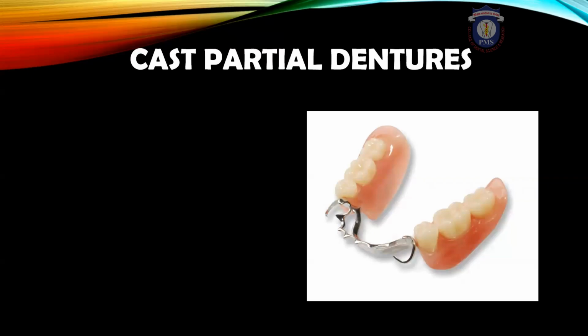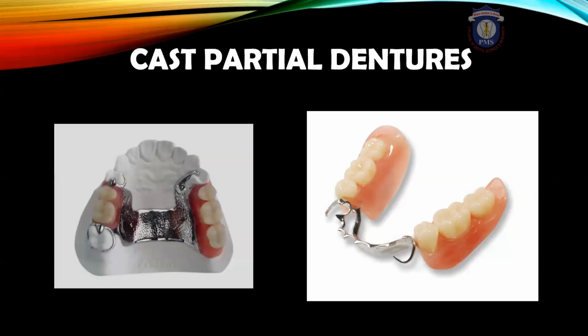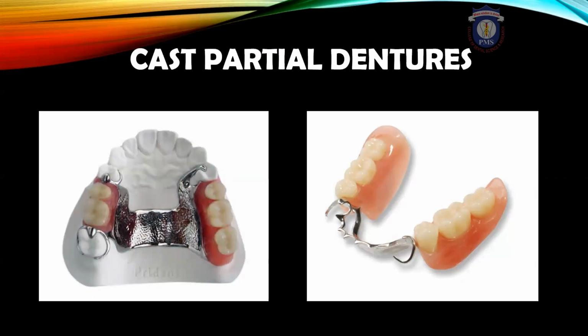Then, as I told you before, there are the cast partial dentures. A metallic framework is there, with acrylic, and teeth placed, where the framework has clasps attached to the neighboring tooth for stability.